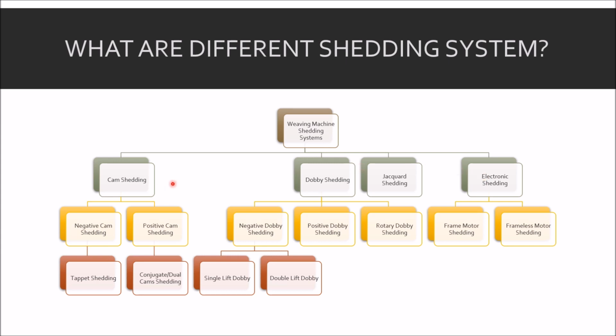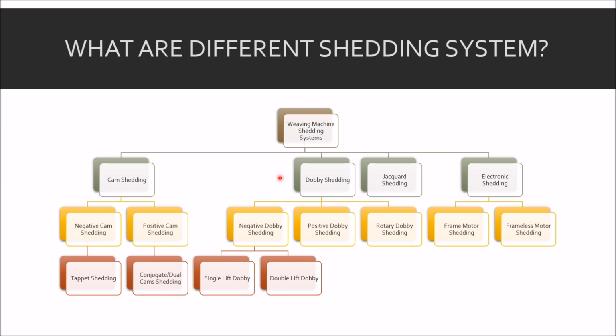Any of these shading systems can be a positive shading system or a negative shading system. Positive means operating both movements of the frame, upward and downward, positively in a controlled manner.